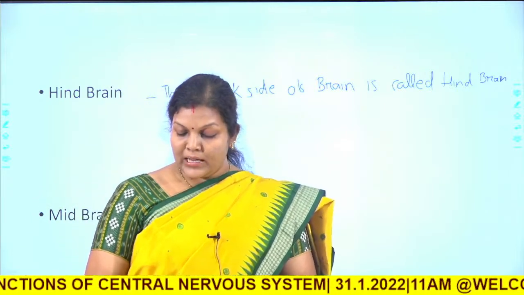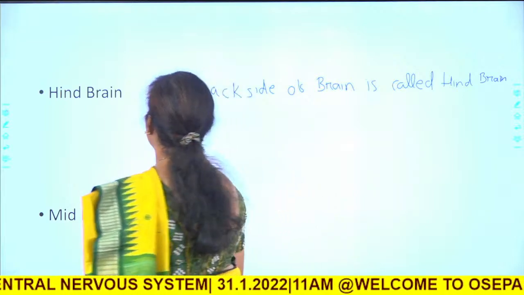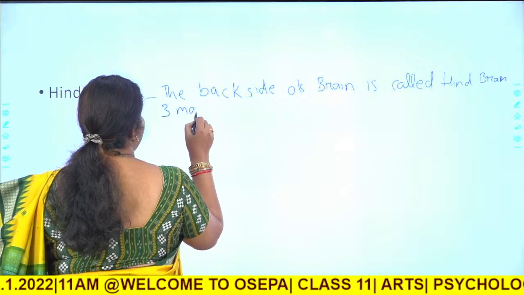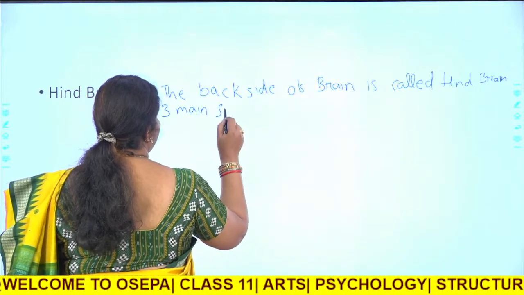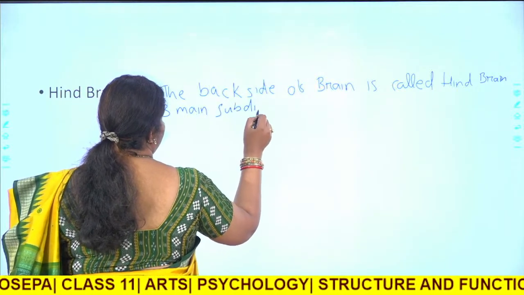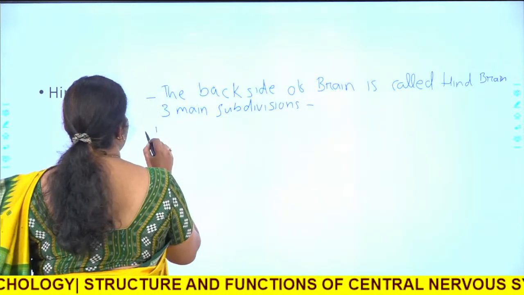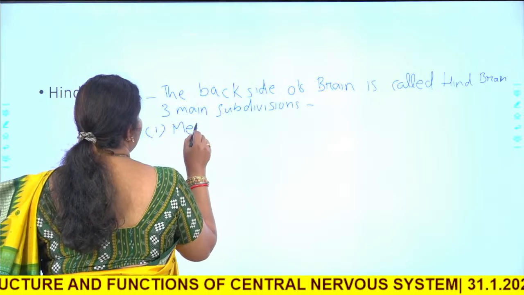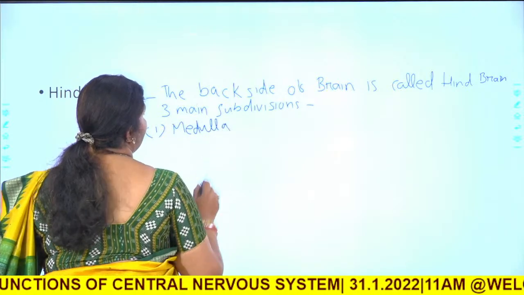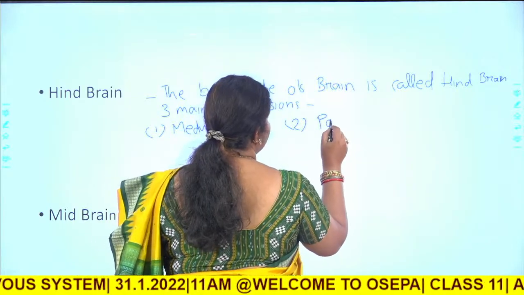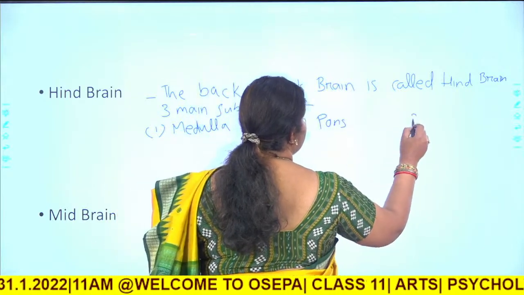They are medulla, cerebellum and pons. One is medulla, second one is pons, third one is cerebellum.